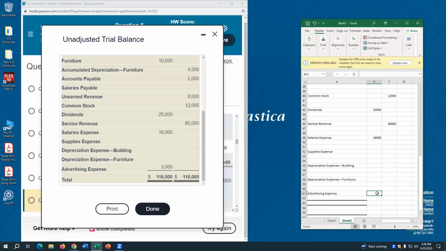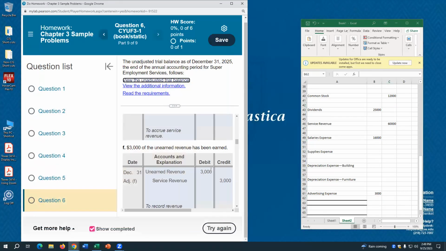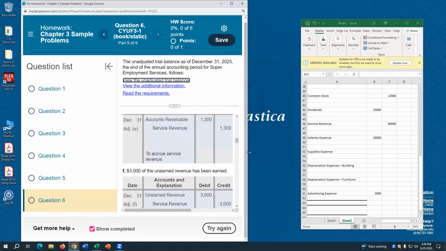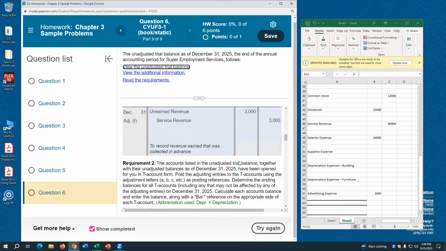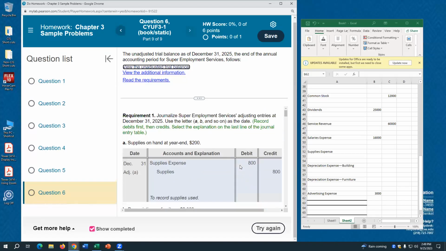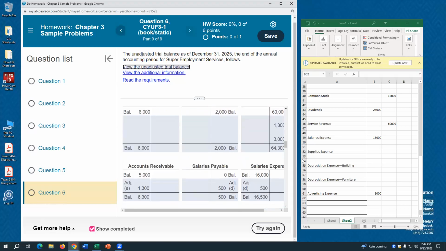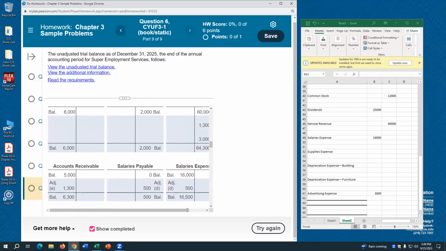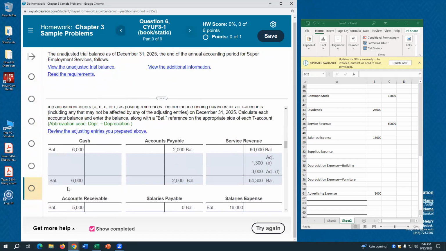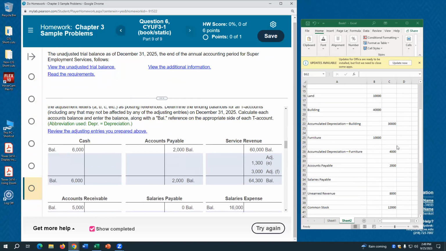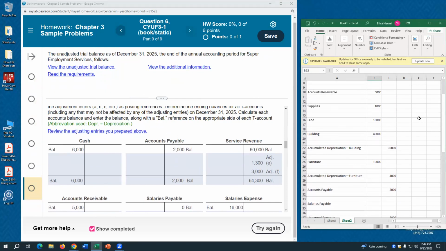Okay. So once we had that, then pulling over our adjustments column, all you're gonna do is go through and grab the net adjustments that we made in these T accounts. So going in order, we didn't have any adjustments for cash, right? So we can leave that blank.